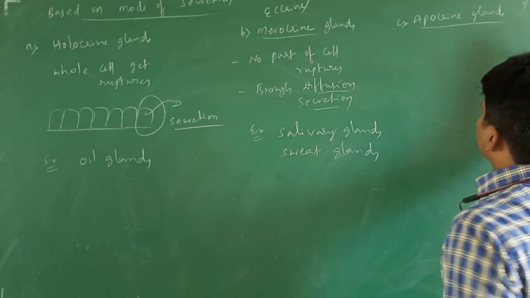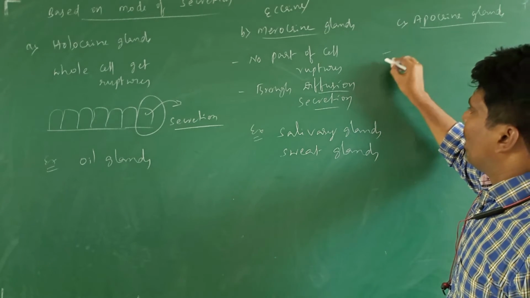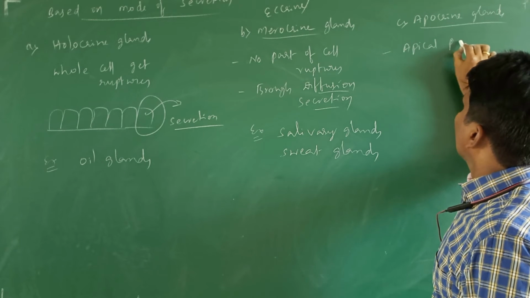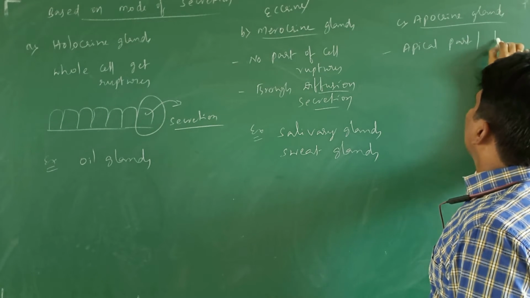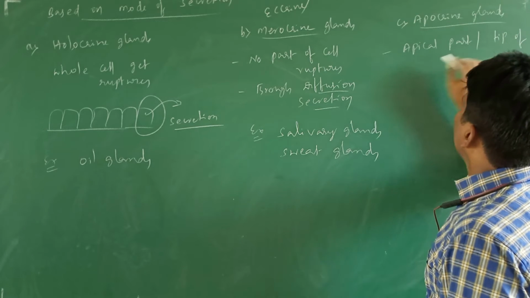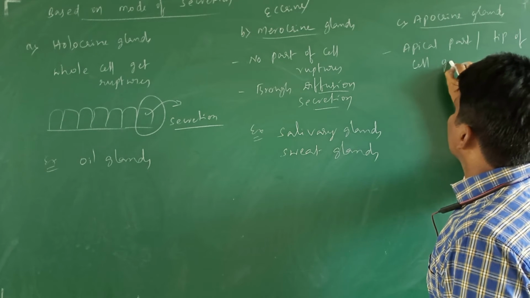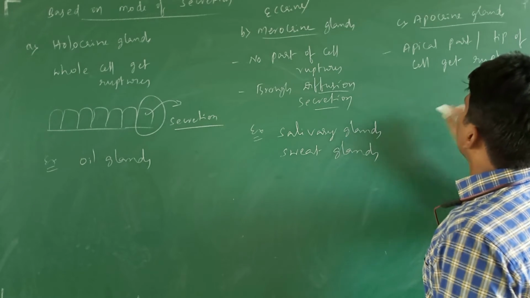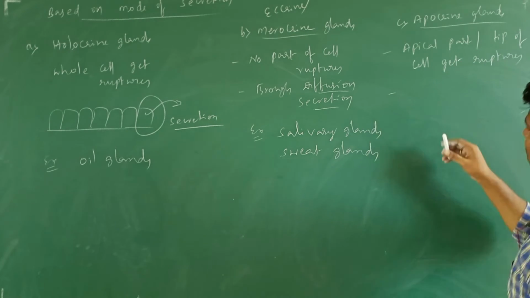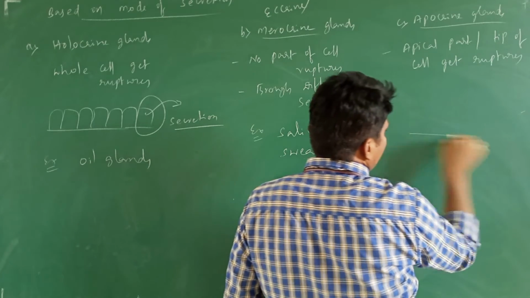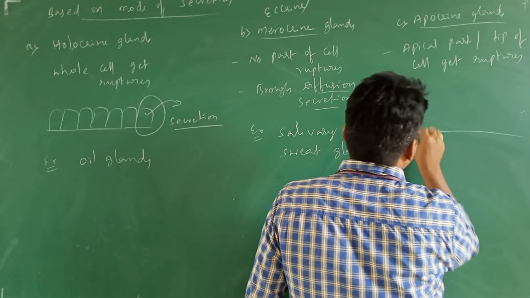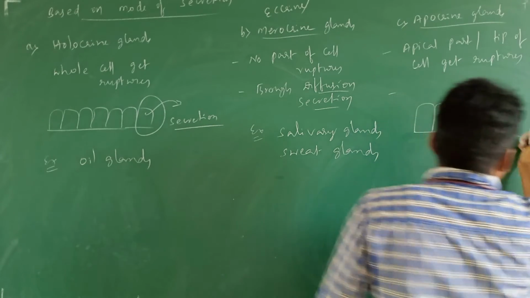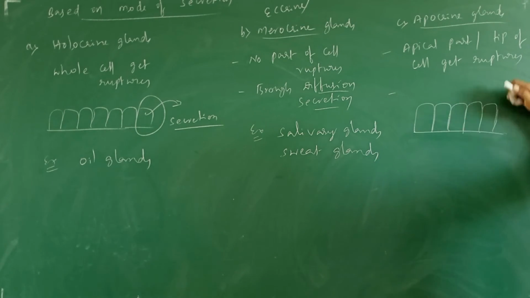Next, apocrine glands. Here the apical part or tip of the cell ruptures, and the contents are released.